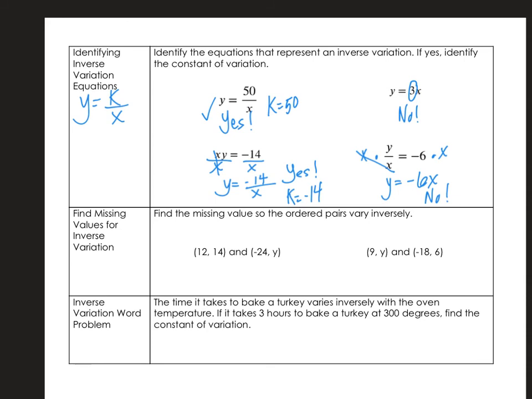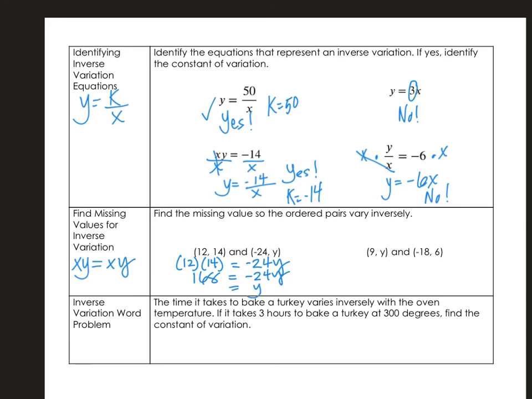Okay. Now we're going to find the missing values of the ordered pairs that vary inversely. For inverse variation, we multiply our x and our y. So we're going to set them up and solve. So 12 times 14 and negative 24 times y. 12 times 14 is 168. Negative 24y on the right-hand side, we divide by negative 24.